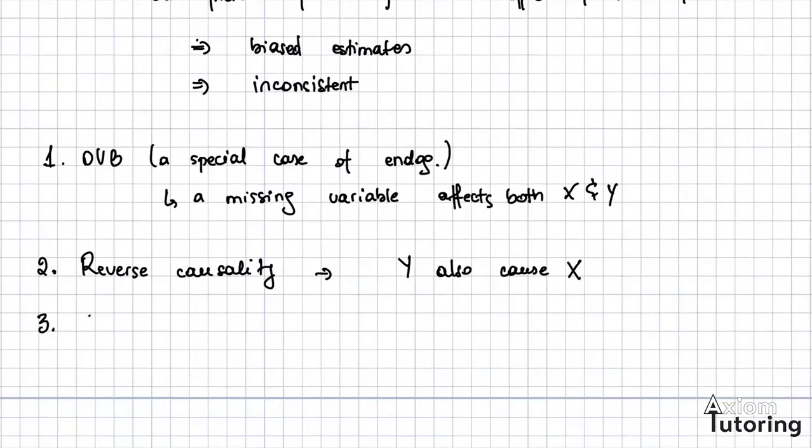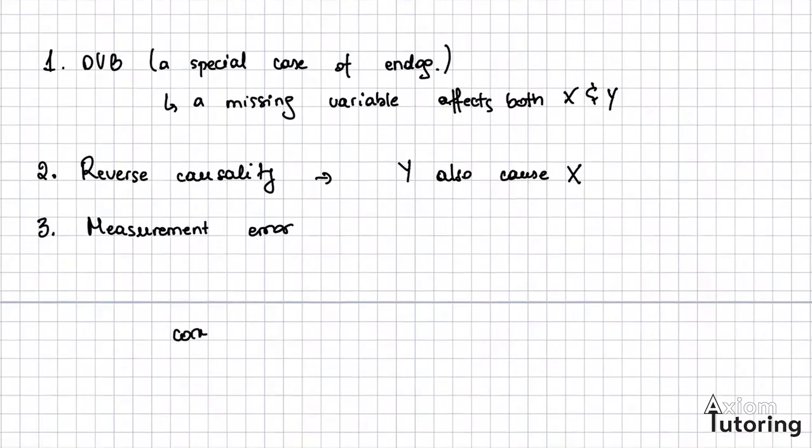And another one is measurement error, so X is measured with noise, creating correlation with the error term. Each source has a different story, but the consequence is the same: the covariance of X and U is no longer zero, which means that OLS breaks down. We'll dedicate a video to each of these sources. Keep in mind, today is just the big picture.